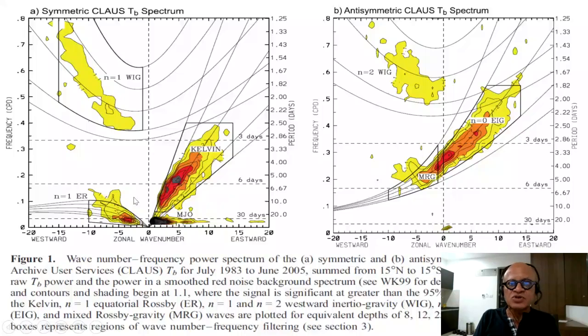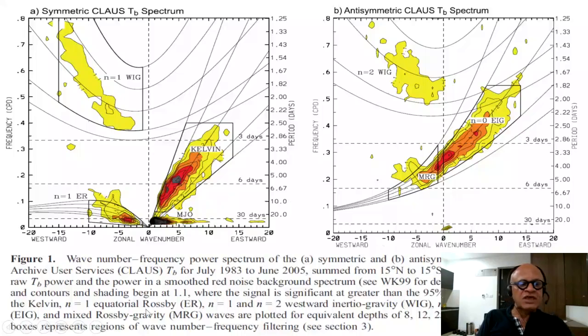So here I'm going to just do a very brief introduction. So what are we looking at here? Plotted is the ratio between raw TB power and the power in a smooth red noise background spectrum. So basically a statistical significance is shown as well, which we won't worry about.